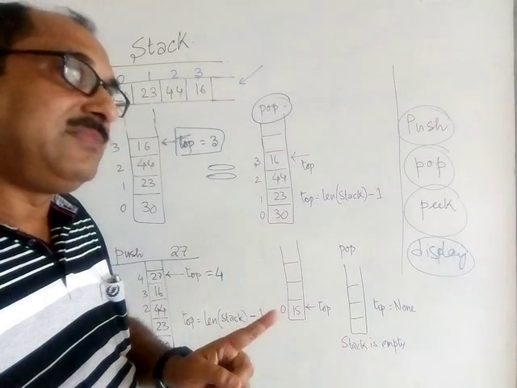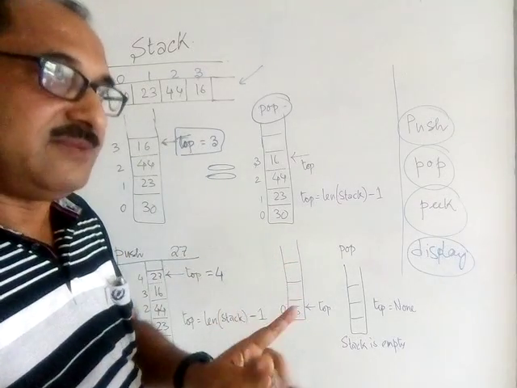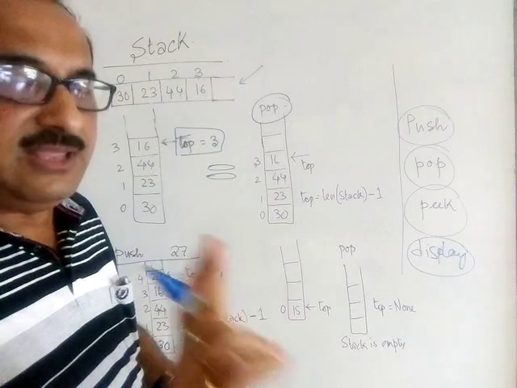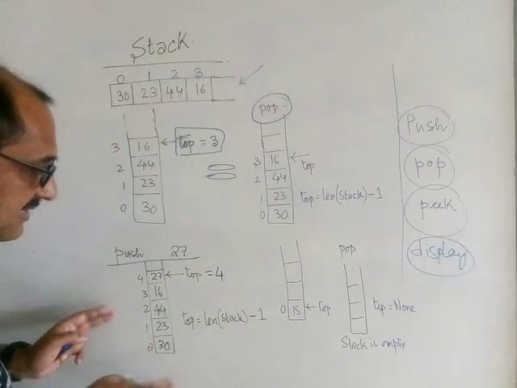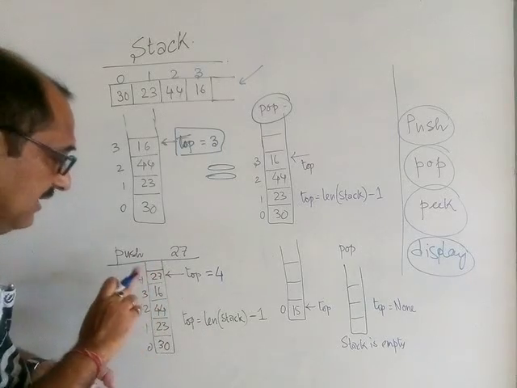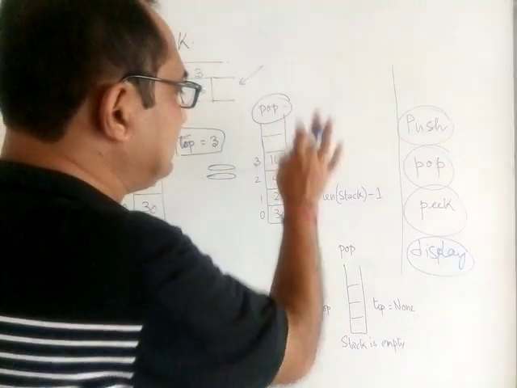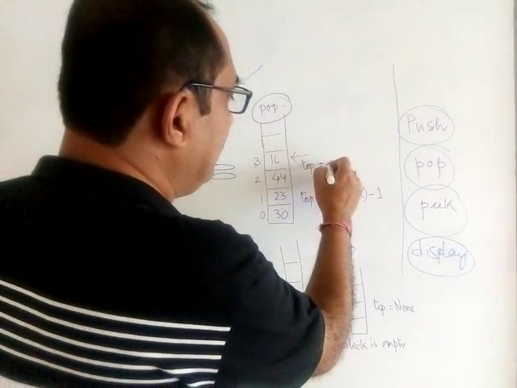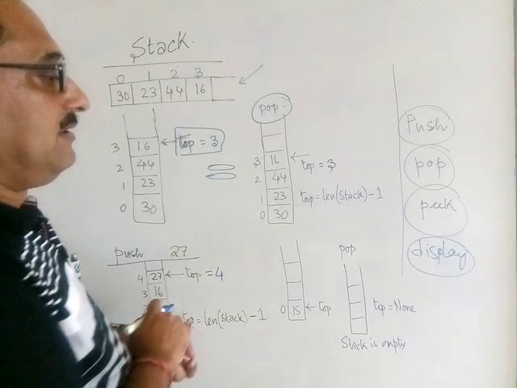At any given time, you can remove only one element. I don't have any choice. If I do the pop, I can only eliminate 27 from here. So if I eliminate 27, then what will happen? Again my top will come back to 3, right? Because one element is gone.